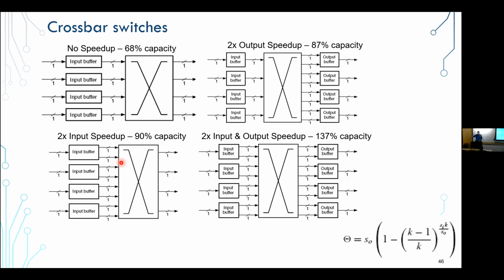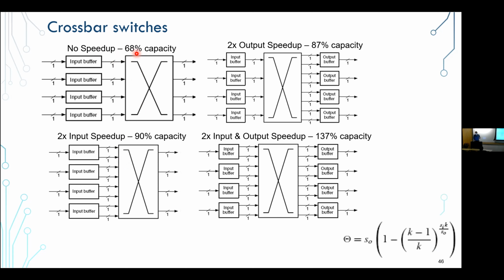I can actually improve the chances of traversing the switch. And that's what's happening here with, let's say in this example, with no speedup, you only get 68% of the capacity of the switch, right?